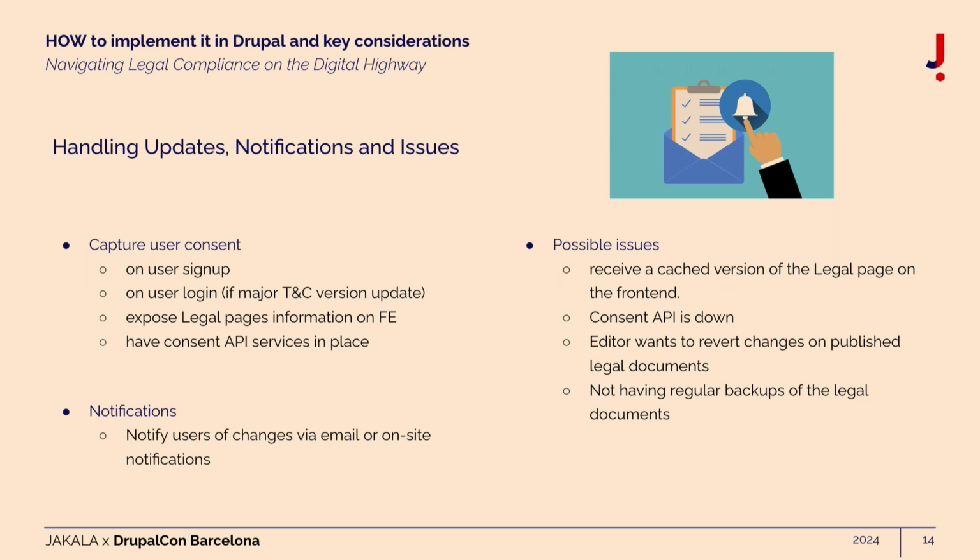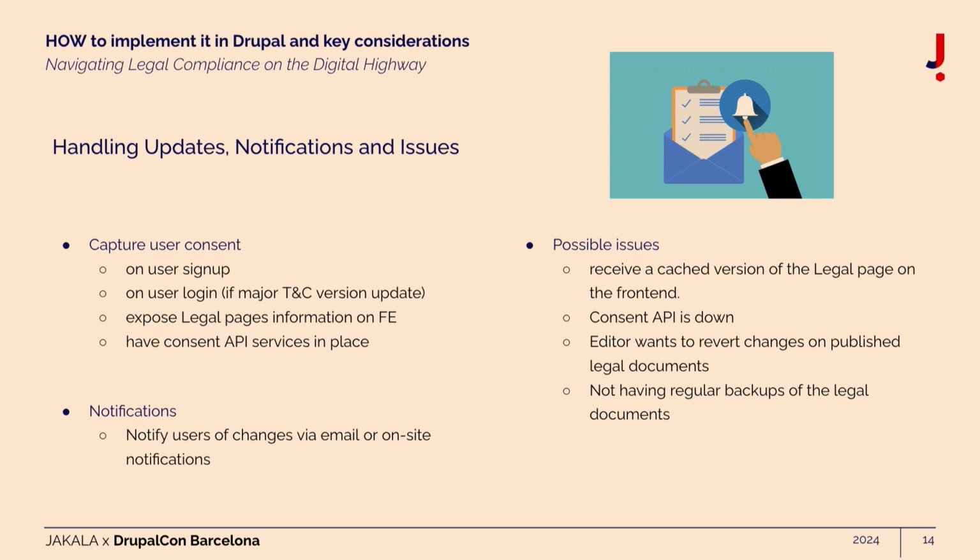And last point is the possible issues. First one, receiving the cached version of the legal page on the front end. So even though legal pages are not very frequently updated, we need to make sure that we don't show any cached or old version. Consent API is down. This is a major issue that we actually hit on production because of the traffic.